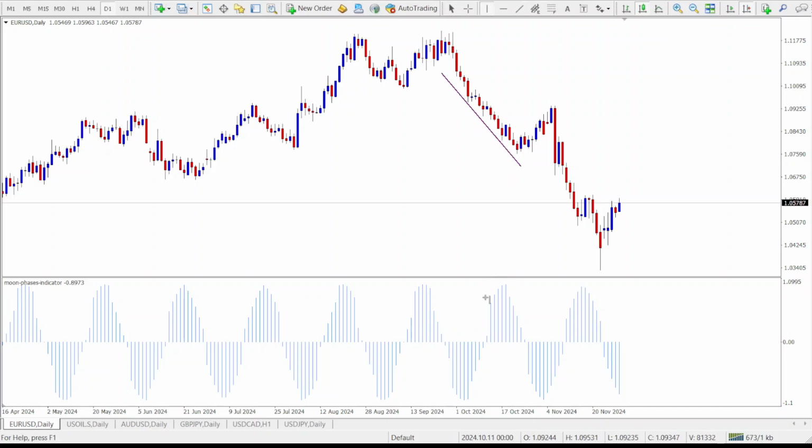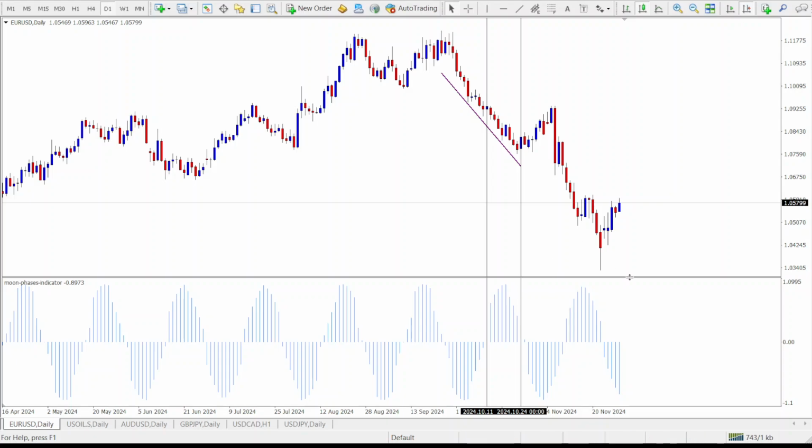You can see that this particular signal came when we were still in a sell move, but it showed that a bullish move is incoming, and then the prediction for a sell started when the buy was just about to start. So sometimes this particular indicator might give some sort of varying signals.